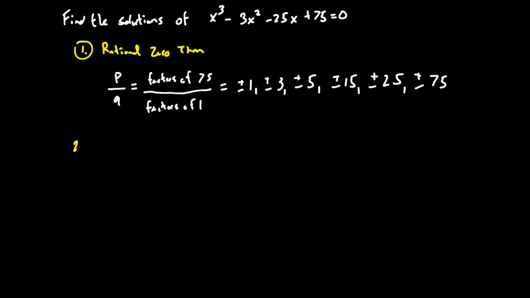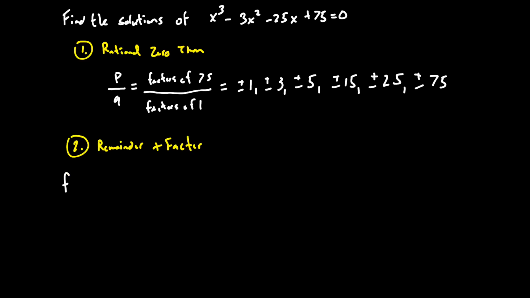So now we want to check to see if any of these are actual zeros of our polynomial. So we want to use the remainder theorem to evaluate, along with the factor theorem, which says if we evaluate our function at any of these and we get a 0, then we have a 0 for our polynomial.